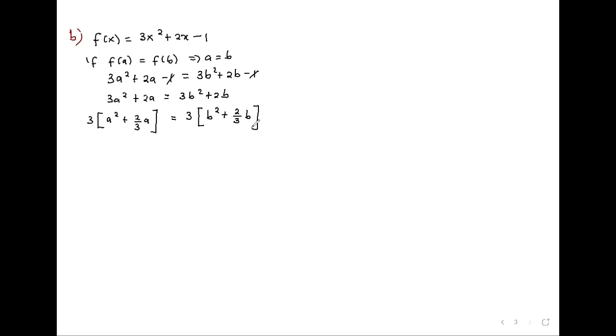We first attend to the coefficient of a squared and the coefficient of b squared. Here I'm just computing the square, the normal computed square that we know. Then we move to the coefficient of a.